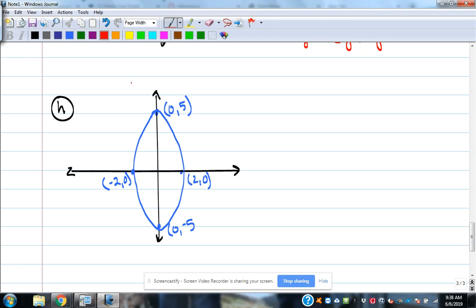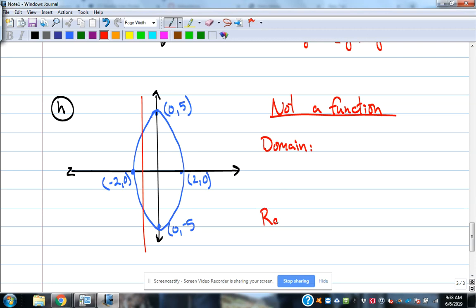If I drop the vertical line right there, hey, how many times does that hit the blue line? Twice. So that tells me that this is not a function. So it's not a function, but that doesn't change the fact that it has a domain and a range.